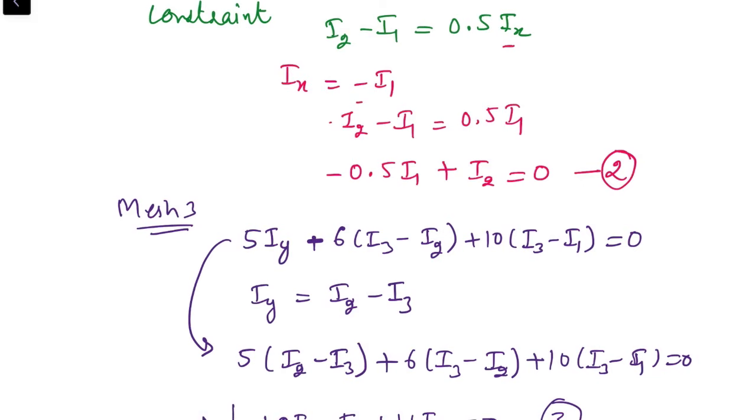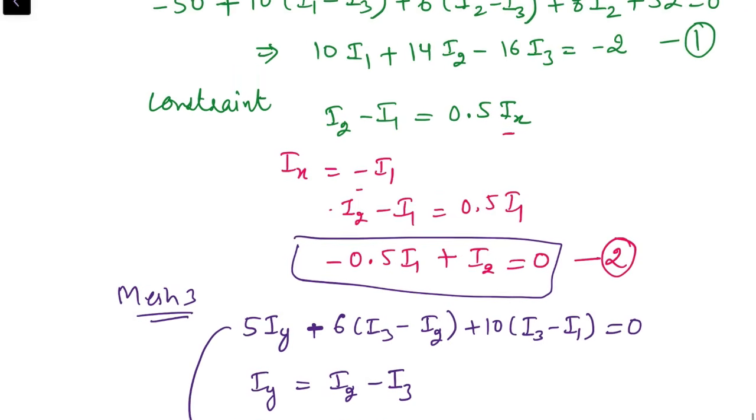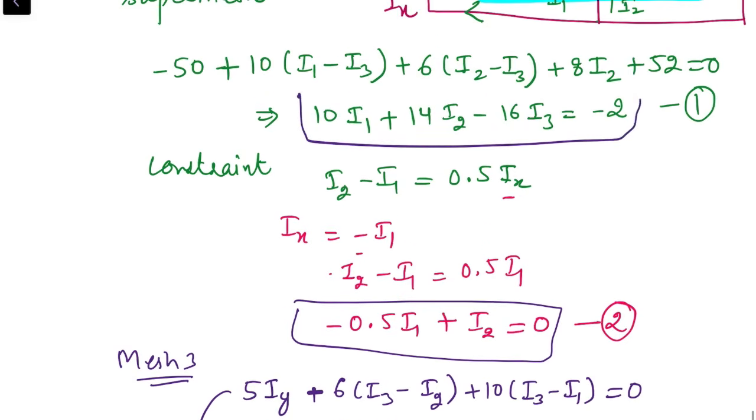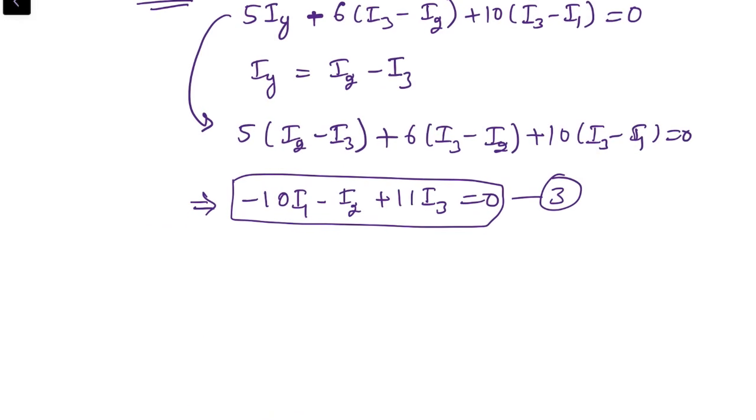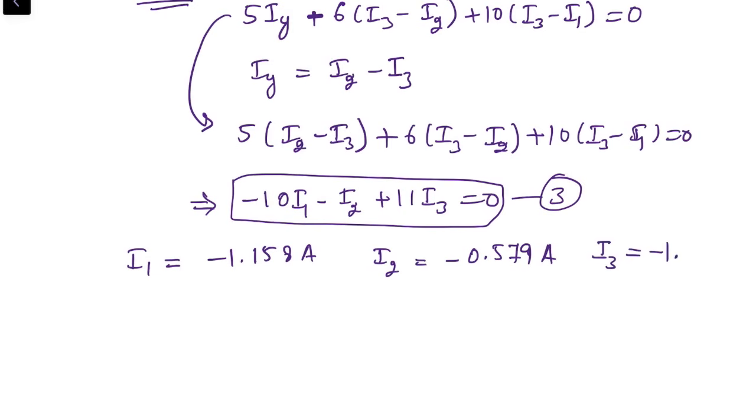Now we have three equations and three unknowns, I1, I2 and I3. When we solve these equations simultaneously, this will give us the value of I1 as minus 1.158 ampere, I2 as minus 0.579 amperes, I3 as minus 1.105 ampere.